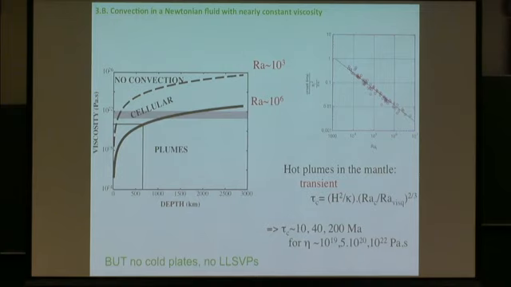If you apply this scaling law to the mantle as a function of the viscosity, you get durations of plumes between 10 and 200 million years. So it's exactly the range that I was quoting earlier. So we have plumes, but we have no cold plates, and we don't have LLSVPs.